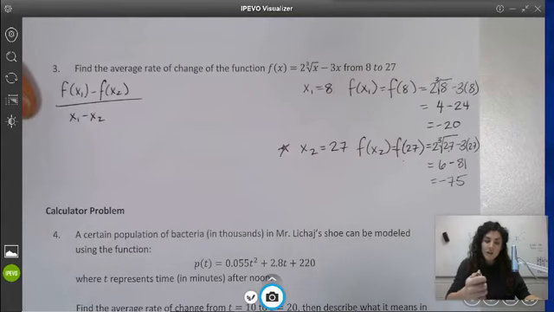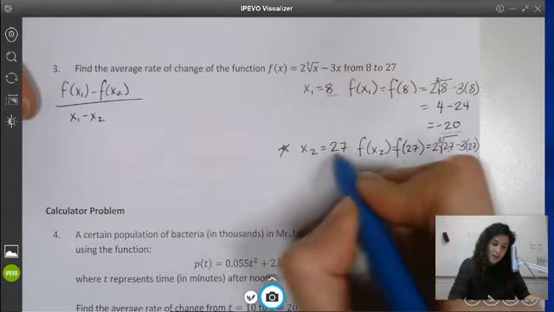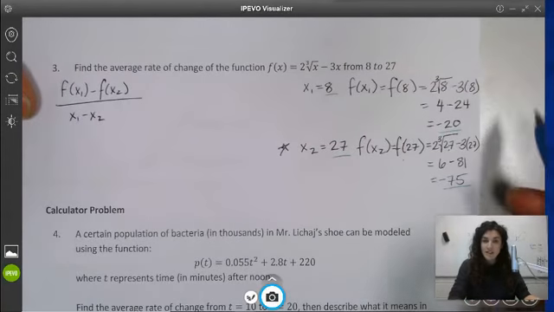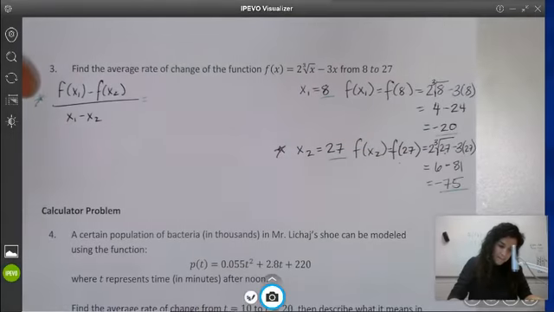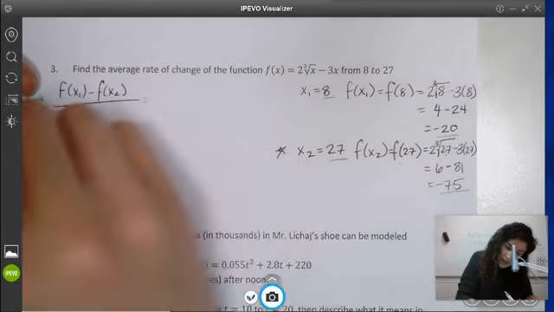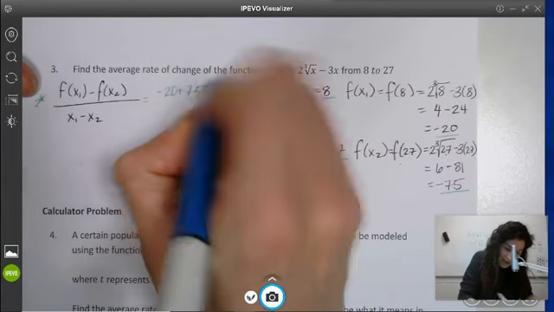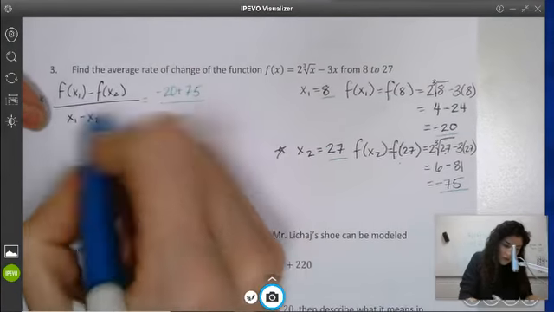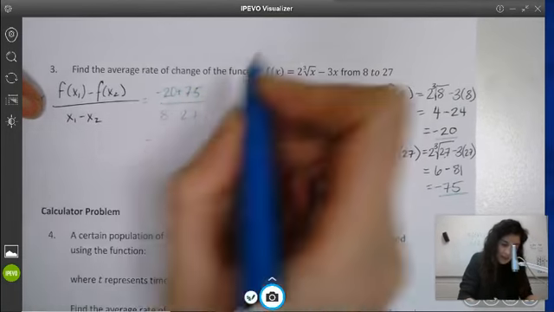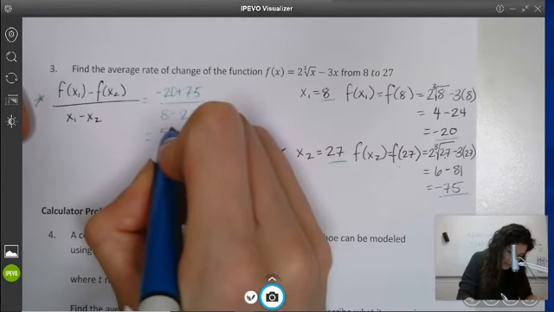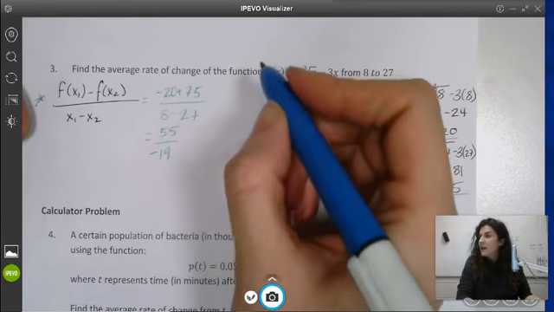Okay, now I've got all the values that I need. F of x sub 1, f of x sub 2, x sub 1, and x sub 2. Those are all the values that I need. So now I can just plug them into my formula. Go ahead and plug them in and tell me what you get. Negative 20 plus 75, subtracting a negative, over 8 minus 27 is going to be 55 over negative 19.